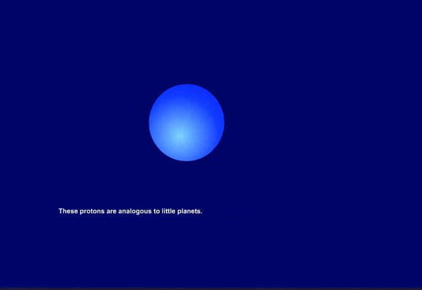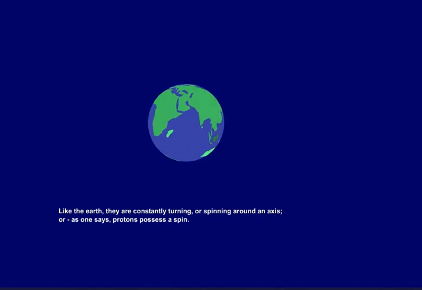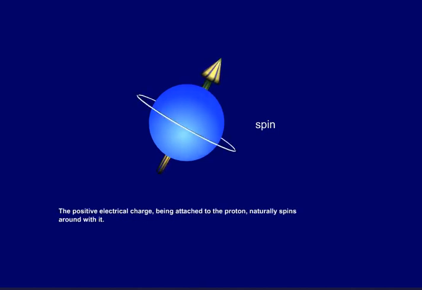These protons are analogous to little planets. Like the Earth, they are constantly turning or spinning around an axis. Or, as one says, protons possess a spin. The positive electrical charge, being attached to the proton, naturally spins around with it. And what is a moving electrical charge?